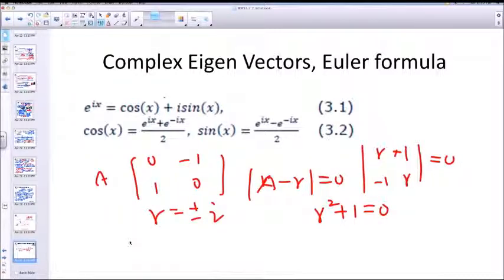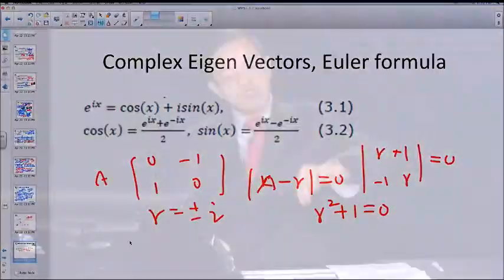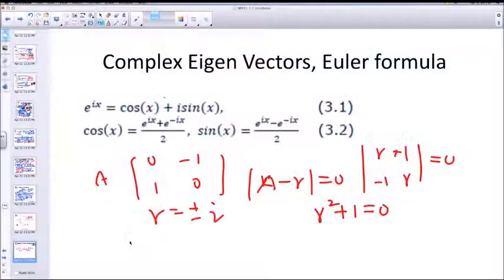If this is a real physical science application, you say, how can I on Earth get an imaginary, especially when you have a spring mass system. Everything is real. Thanks to Euler. This Euler formula is just to say, don't worry, if you get imaginary eigenvectors, it really ends up with the trigonometry function.